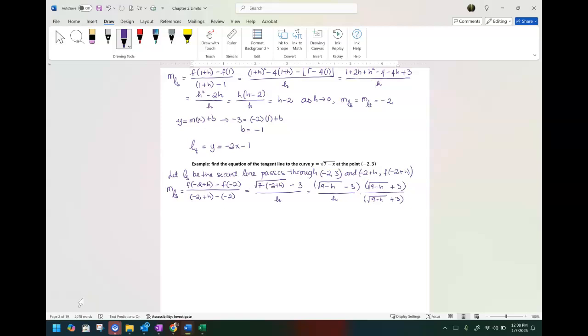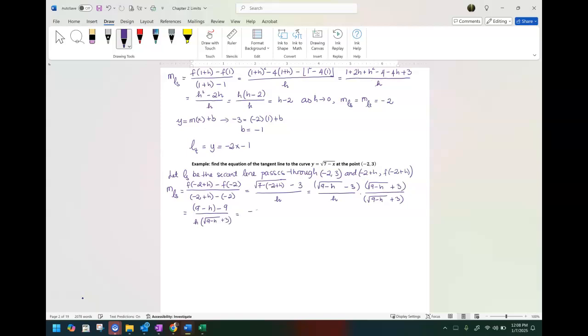Okay. So now the numerator becomes 9 minus 8 minus 9, divided by 8 times square root of 9 minus 8 plus 3.